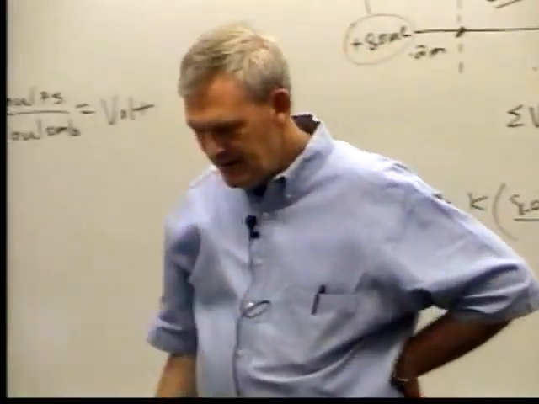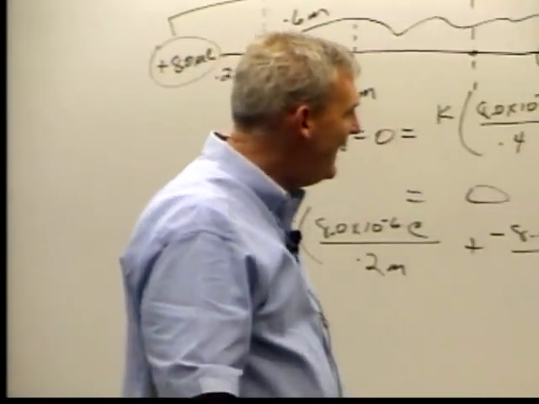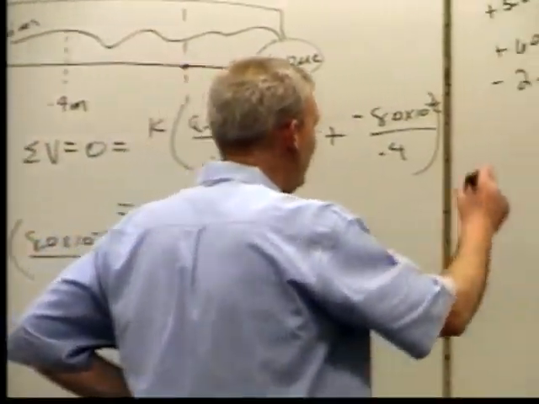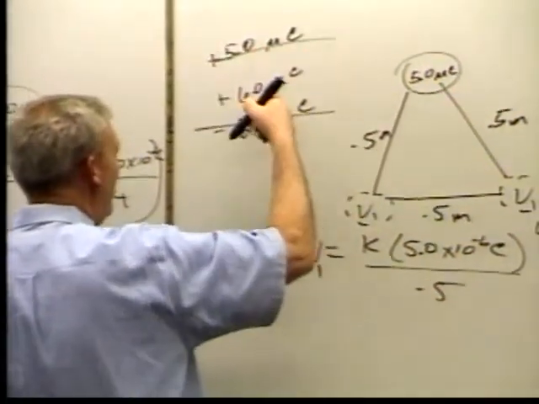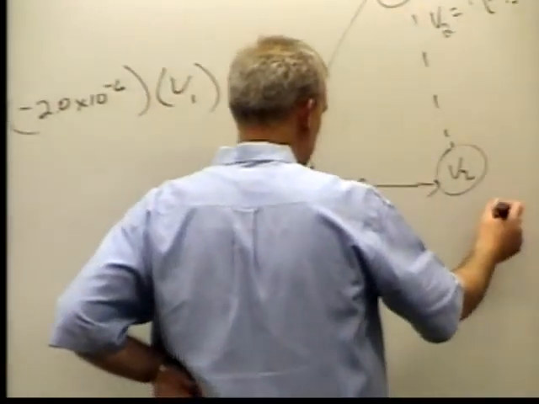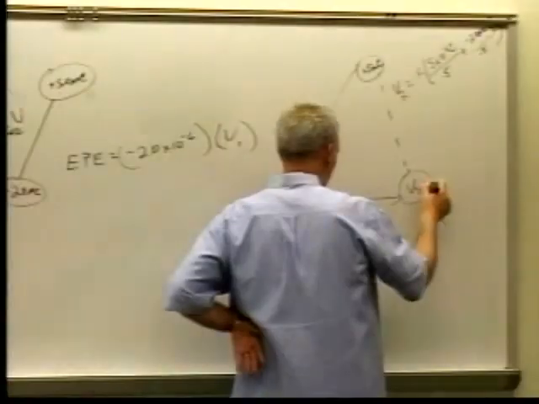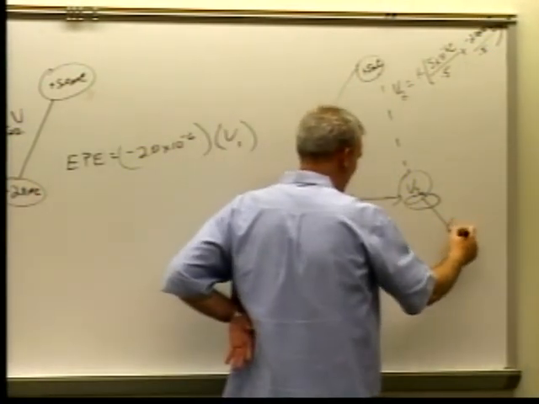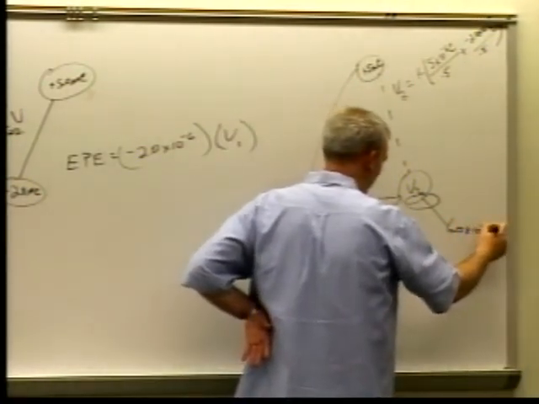Okay, so the energy that it's going to take to bring up the 6 coulomb charge, I've already dealt with him. I've got to bring up the 6 coulomb charge and put him right here. And plop, put him right there. This is my 6.0 times 10 to the negative 6 coulombs.